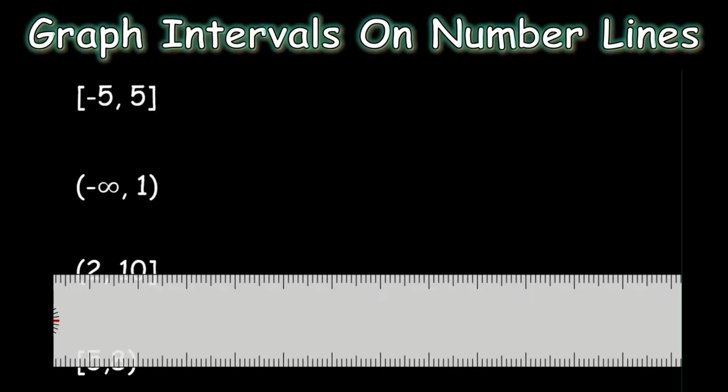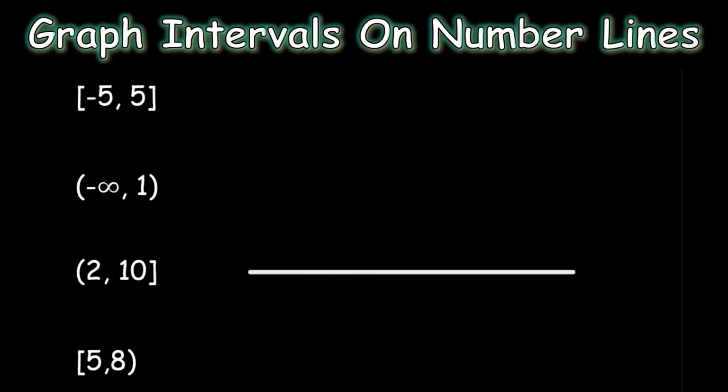Now let's go ahead and graph our third number line. The intervals are going to be 2 and 10. We've got 2 here in parentheses, and then 10 is attached to a bracket. So that means our 2 will be an open interval, but our 10 is going to be a closed interval. So let's go ahead and put 2 and 10 on our number line.